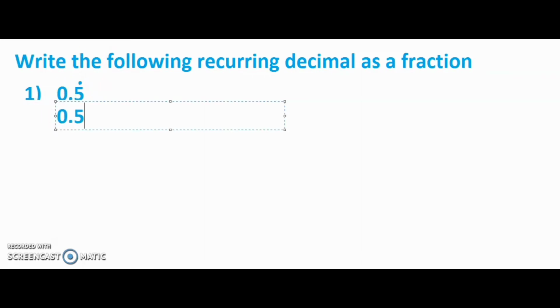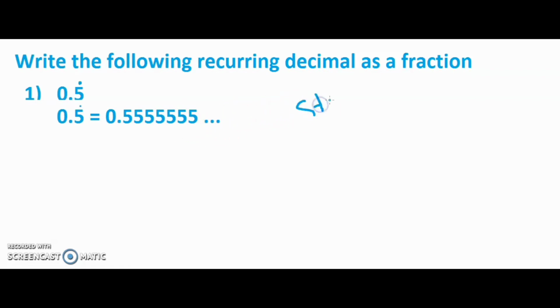Let's expand 0.5 with a dot over it. It is equal to 0.5555 etc., isn't it? Because it is a recurring decimal. The dot shows that it is a recurring decimal and which digit is repeating. Now what's our method?